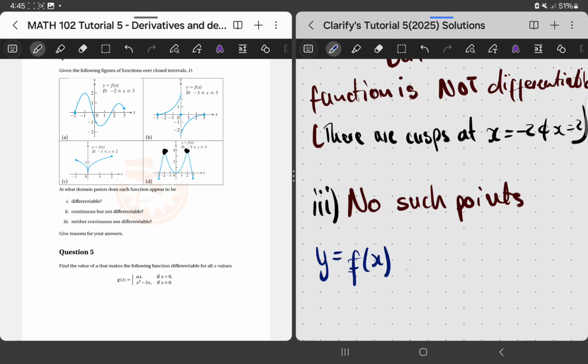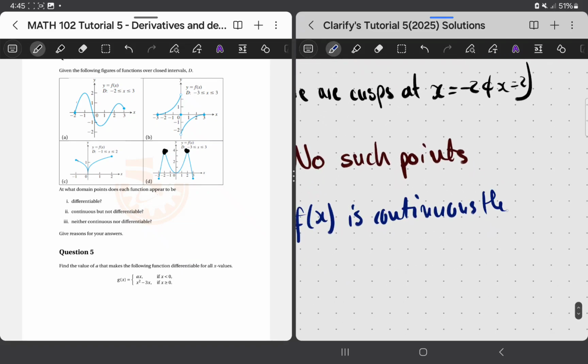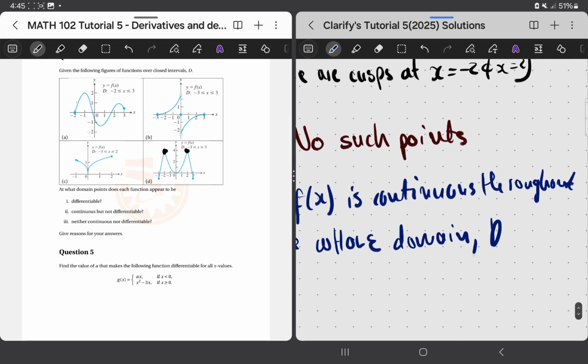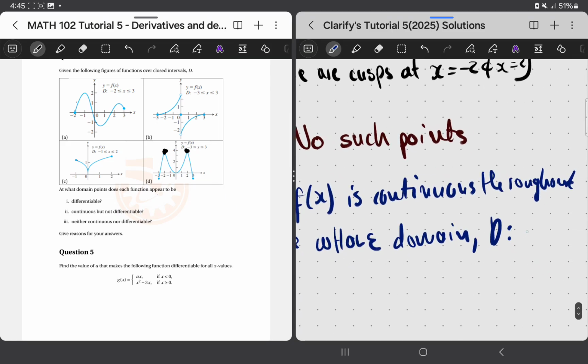y equals f of x is continuous throughout the whole domain D, which is from -3 up to 3.